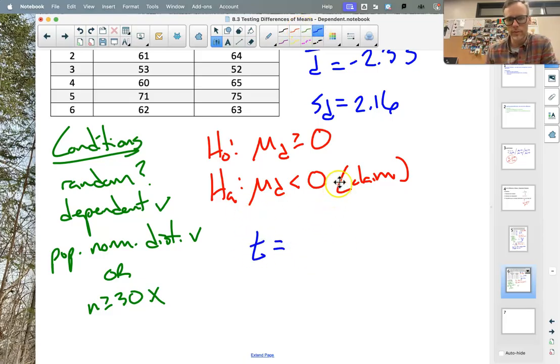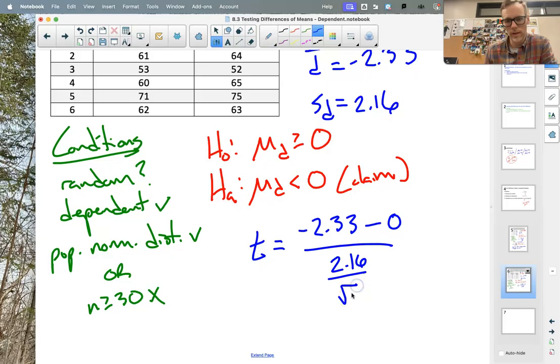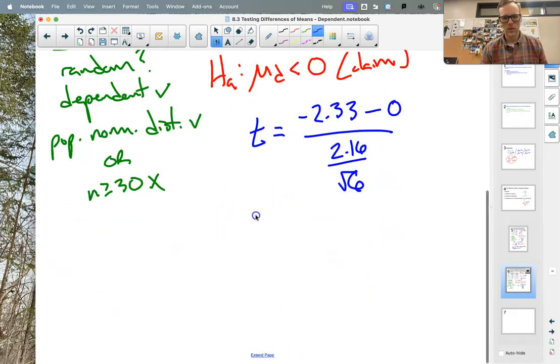Calculate our t-score: d bar minus mu sub d, over our standard deviation over the square root of n, which is now 6. I got a t-score of negative 2.64.